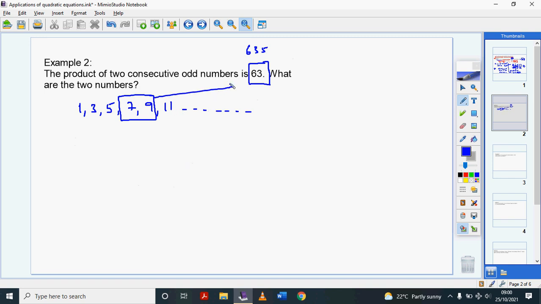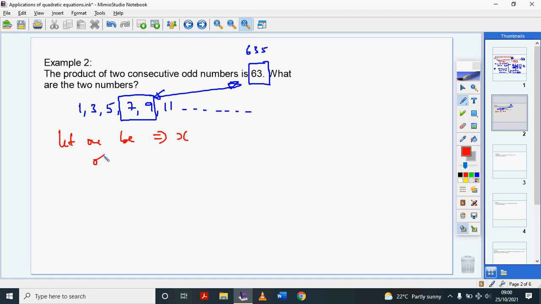So this helps because we know what we should get. But you look at some examples where you don't know what you should get, and you have to use the quadratic formula, sorry, the quadratic equation. So I know that the two numbers, I'm going to say, let one of the numbers be x, right?